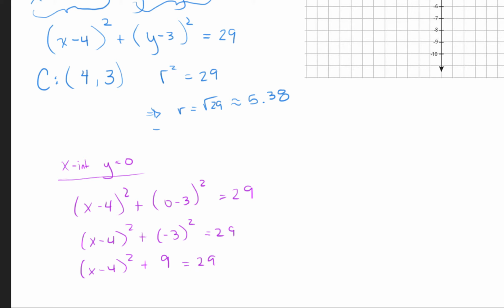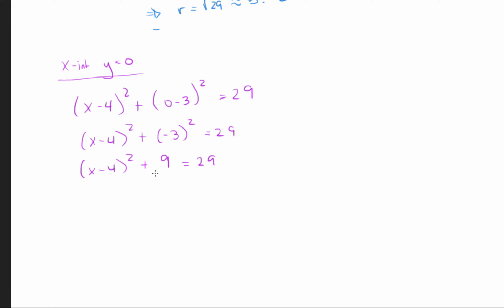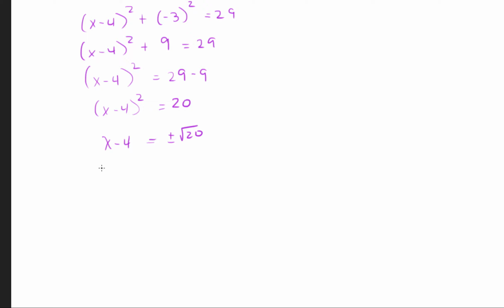In order to solve for x, we need to do the opposite of PEMDAS. So we have to subtract first. So x minus 4 squared is 29 minus 9. X minus 4 squared is 20. Now, in order to get rid of the square, we have to take the square root. So x minus 4 equals plus or minus radical 20. Therefore, to finish the solution, we have x equals 4 plus or minus radical 20.